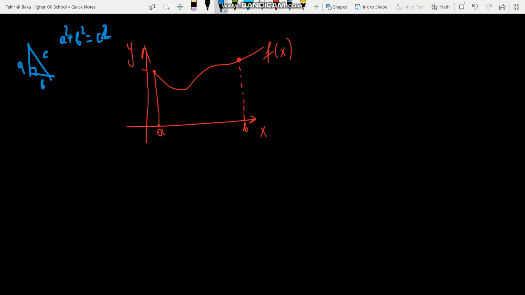As I mentioned in one of the previous videos, when I proved the Pythagorean theorem, it's one of the most important theorems of Euclidean geometry, and it can also be used in different parts of mathematics.